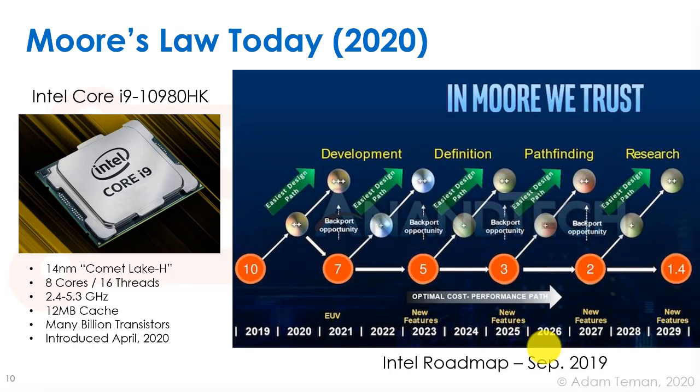And if we look at the roadmap that they just recently put out in September 2019, you can see that Intel has a roadmap going from 10 nanometers, which is in production nowadays, through 7, which is coming up in the next year or so, 5, 3, 2, 1.4, and so forth. And this is the state they're in: development and definition, pathfinding, or research.